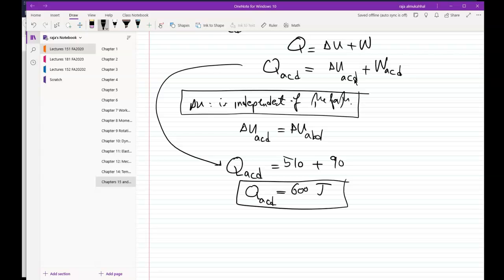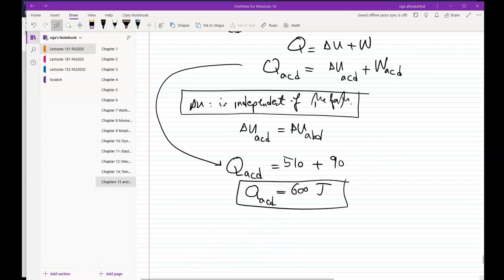Okay, I have two more problems. I'm looking at my notes here. I want to do homework problems number 51 and 52. Let me find them in the book. Oh, chapter 15, on page 494.